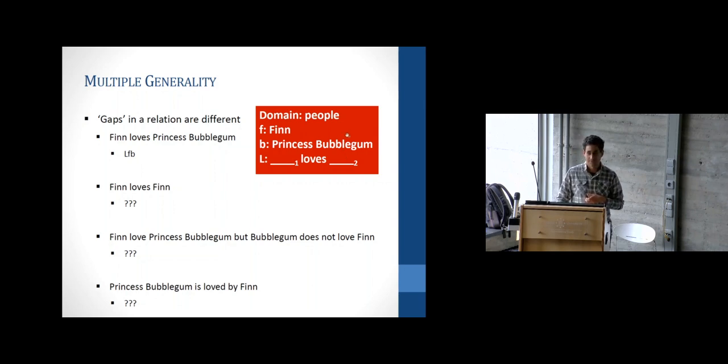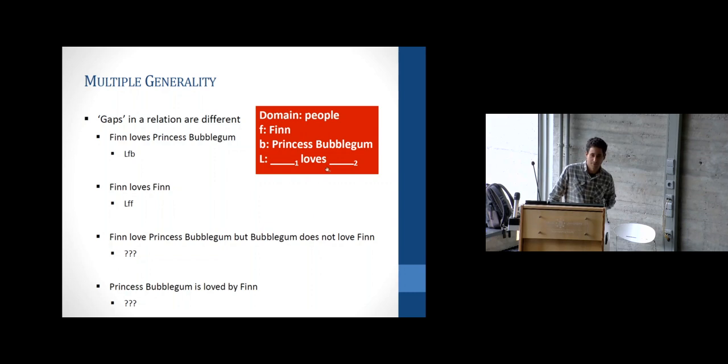Finn loves Finn. Nothing wrong with loving yourself. You just put the same name twice, so L, F, F. These are two different senses. They use the same predicate, same relation, but they mean something else.